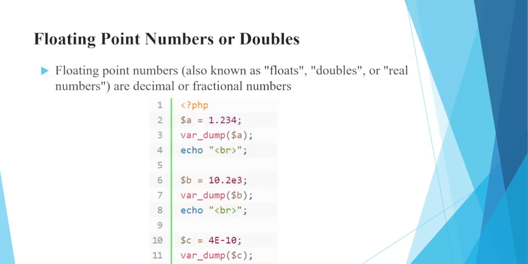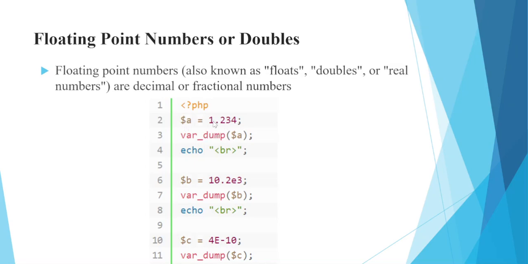Floating points. Floating point numbers are also known as floats, doubles, or real numbers. In floating point numbers, fractional numbers are calculated. In this variable, we are storing $a is equal to 1.234. After 1, the fractional part is stored under this variable.